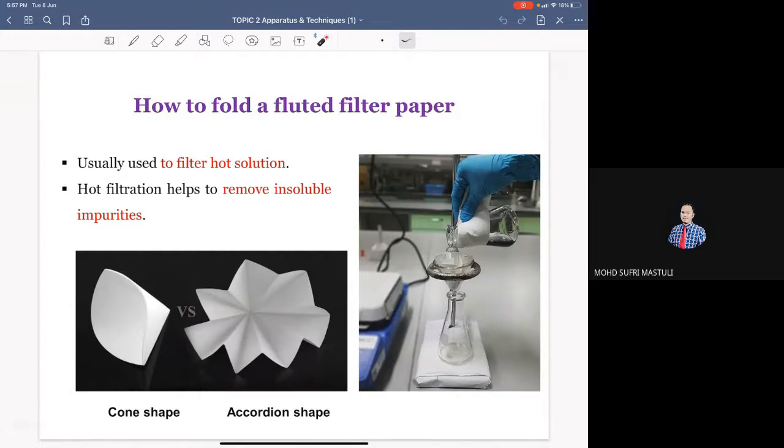So we can have a cone shape of filter paper, or we can also have the accordion shape. Normally, the accordion shape is used to filter hot solution or to remove insoluble impurities.